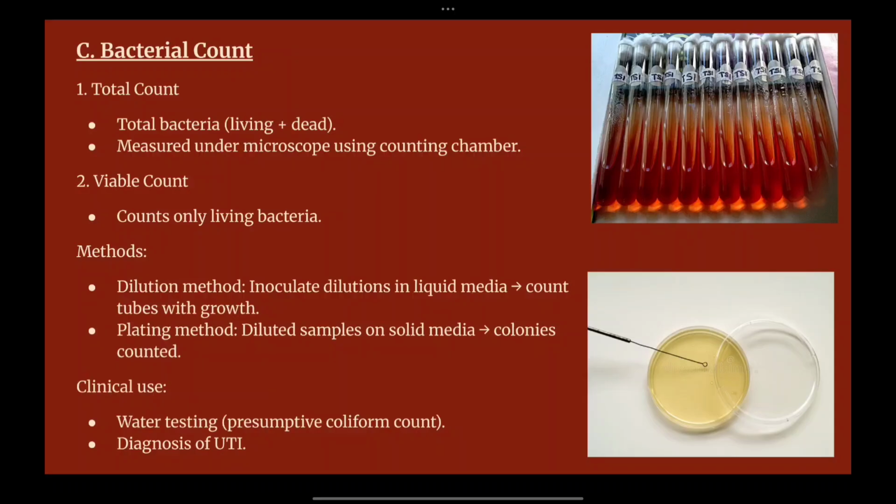After counting the number of colonies, you can determine whether the water is clear or infected by any bacterium. Another use of bacterial count is to diagnose UTI. A urinary tract infection can be determined by taking a urine sample and smearing it on the culture plate, and observing the colonies for any infection in the urinary tract.